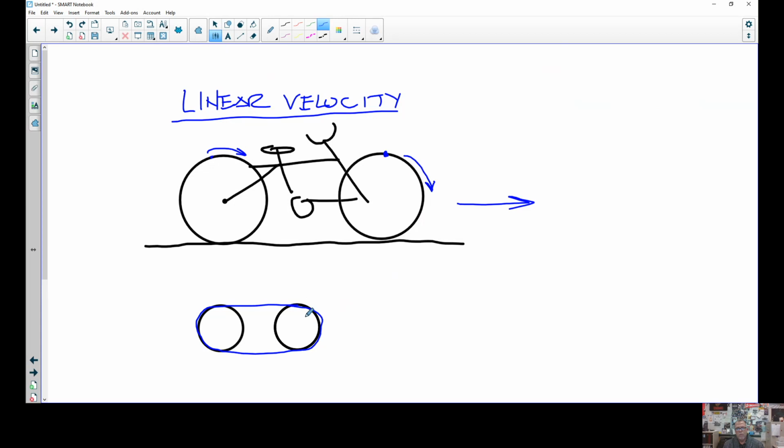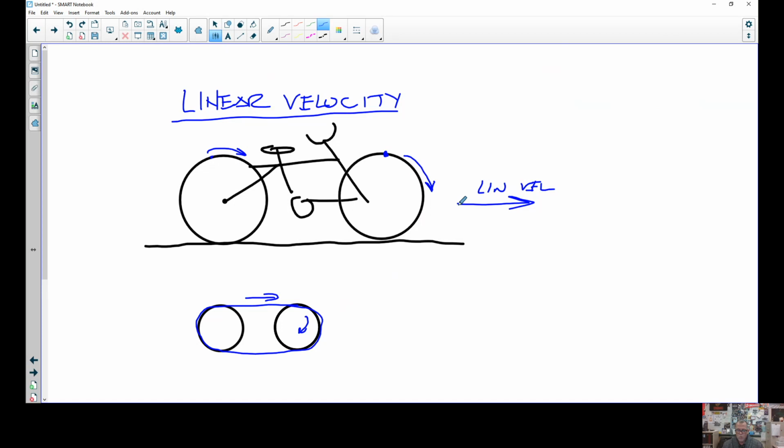These again would be rotating at a certain angular velocity. The belt would be moving in a linear velocity. Whatever's on that belt would be moving in a linear fashion. So there's a lot of ways of taking angular velocity, and just think to yourself, all the ways you see wheels, gears, things of that sort that are rotating that create a linear path for whatever they're rotating with. So what we've done is take this angular velocity and translate it into a linear velocity.